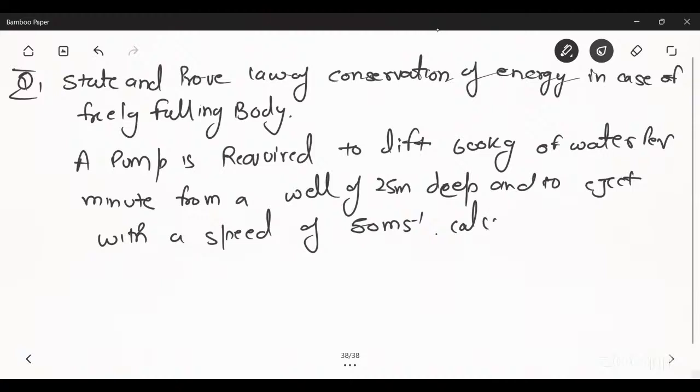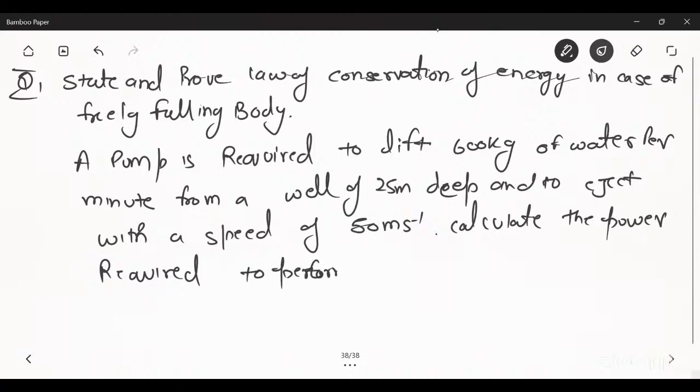Calculate the power required to perform the above task.